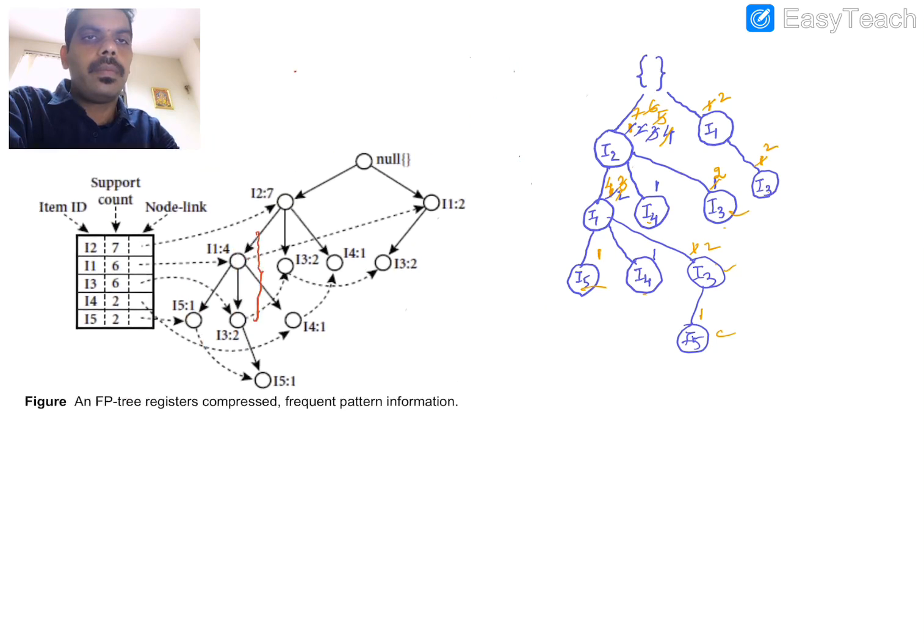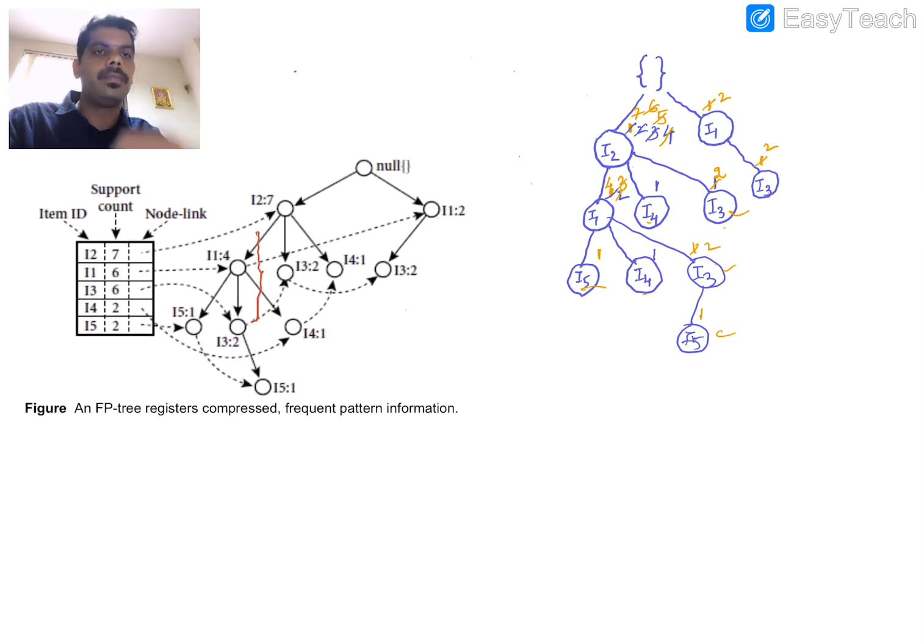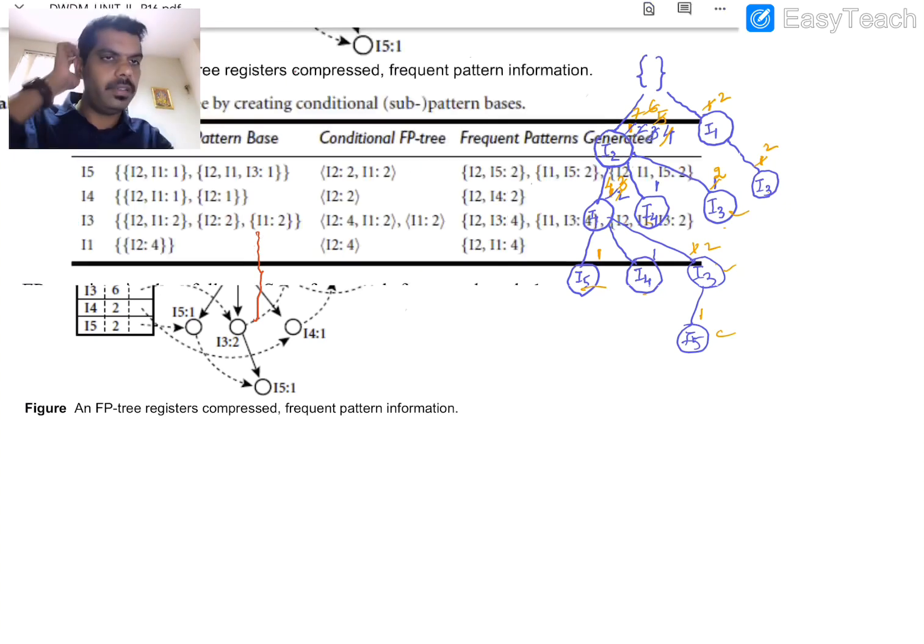So I2 7 times, I4 4 times, I3 twice, I4 once, I3 twice, I1 twice. As per the textbook, we have already completed the construction of the tree. Now what we have to do? Now we are going with frequent pattern generation. For that, see this table.